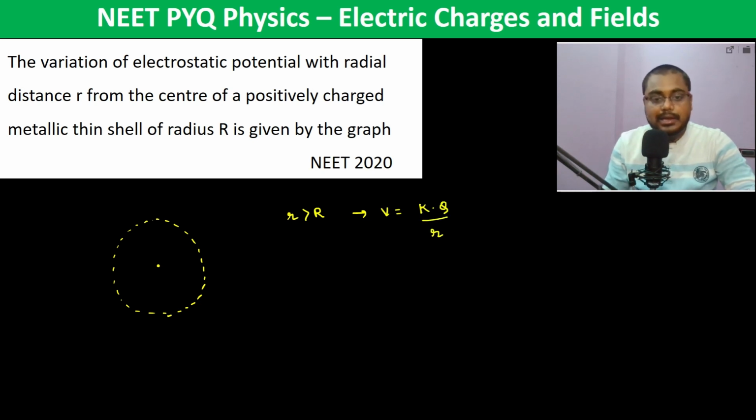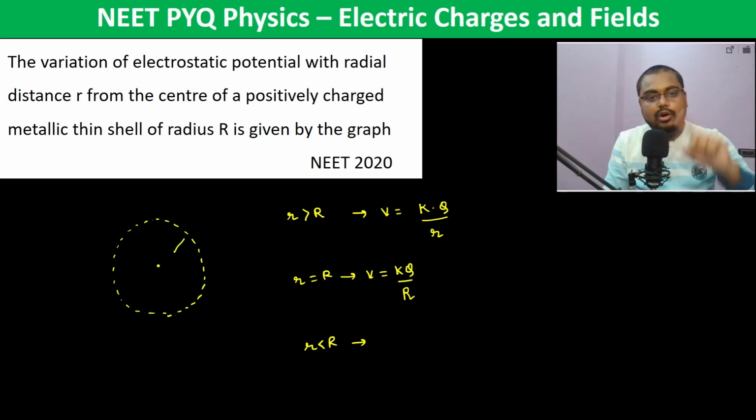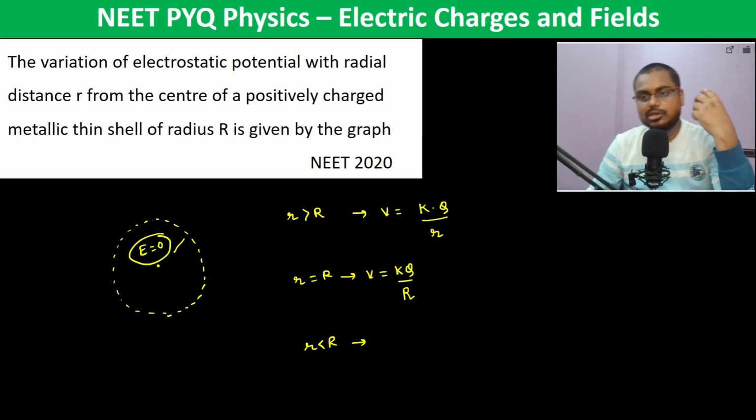Now for r equal to R, the potential is going to be kq divided by R. Now for r less than R, inside a hollow spherical shell, the electric field is going to be zero, because of Gauss's law.